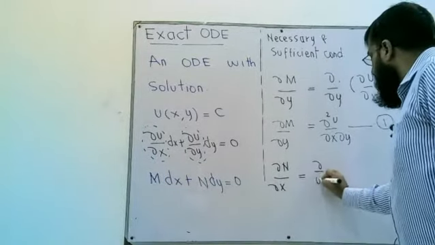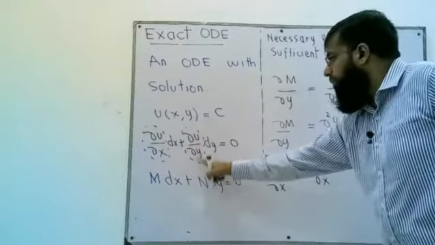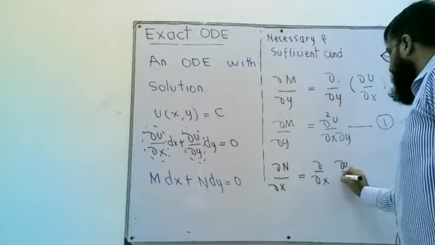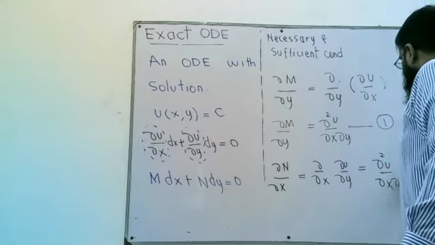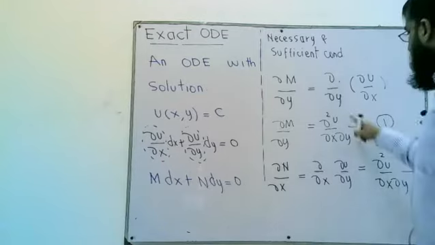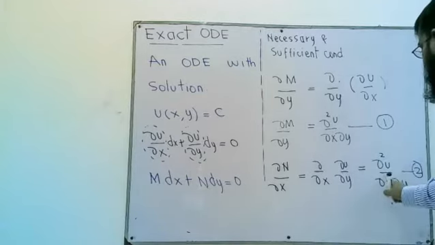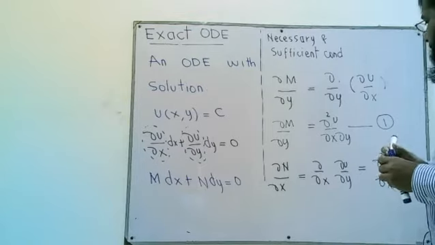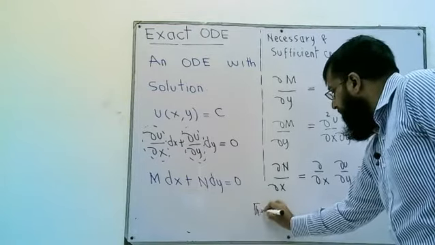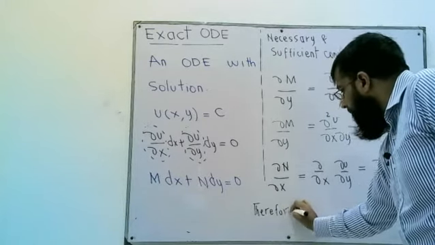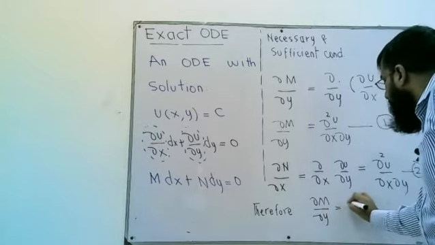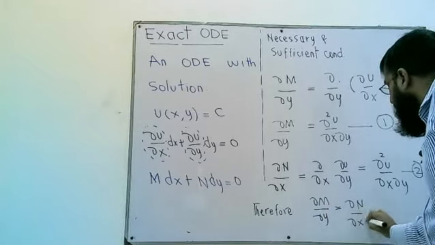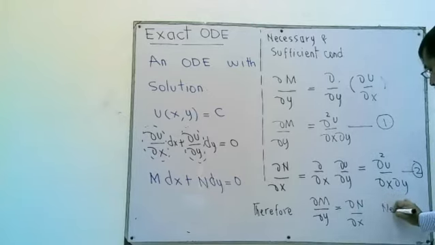So this also becomes partial squared u over partial x partial y, equation number 2. We see the right hand sides of equation 1 and equation 2 are exactly the same. Therefore we conclude that partial M over partial y is equal to partial N over partial x.